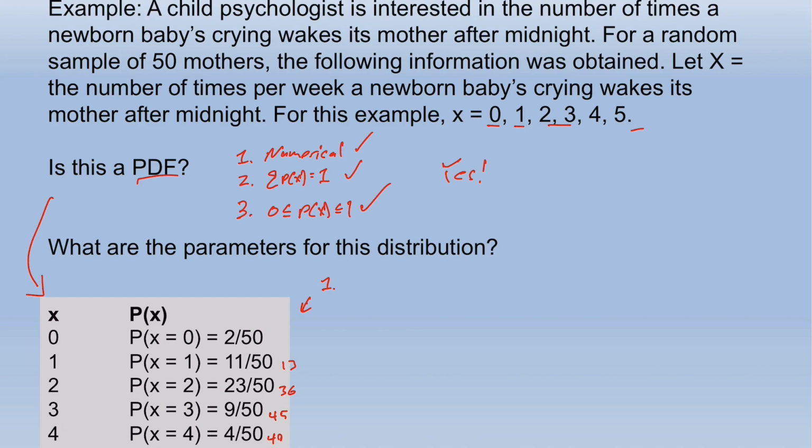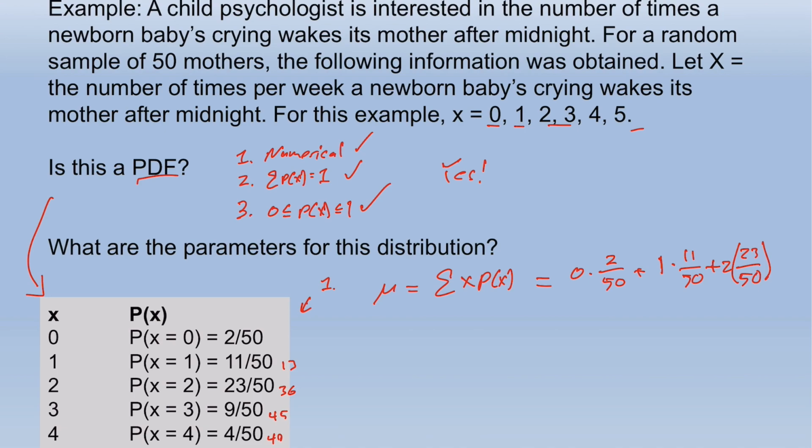What are the parameters for this distribution? Okay, well, mu is going to be the sum of the values of x times the probability of x happening. So that's going to be 0 times 2 over 50, plus 1 times 11 over 50, because that's the probability of 1, plus 2 times 23 over 50, the probability of a mother being awoken by her newborn twice in 1 week.